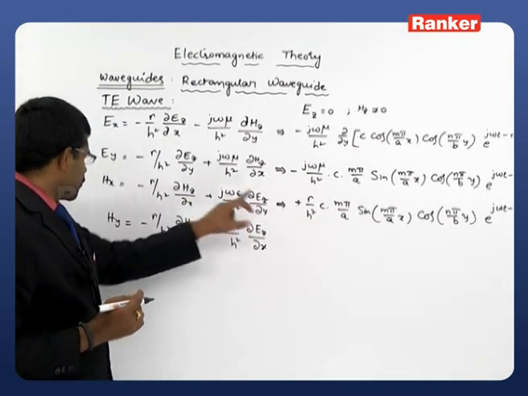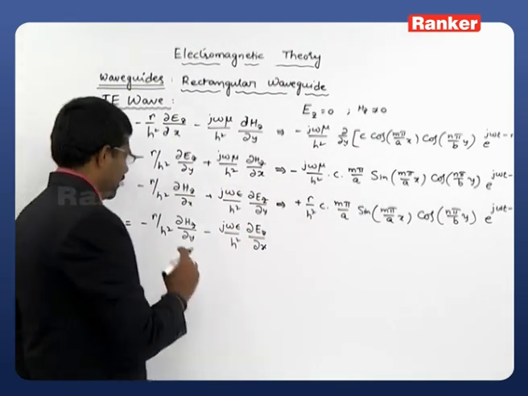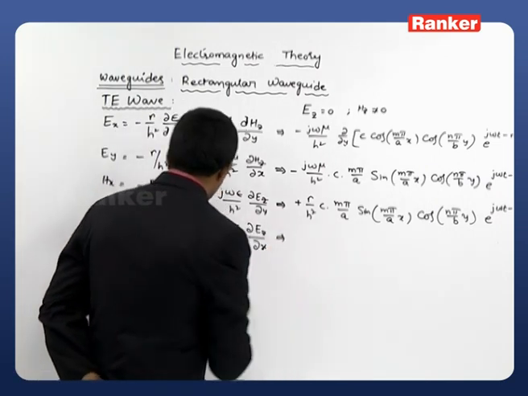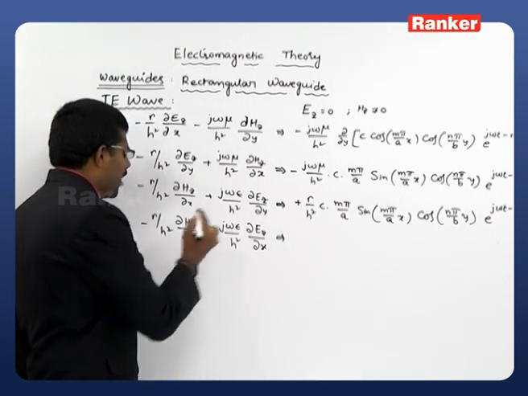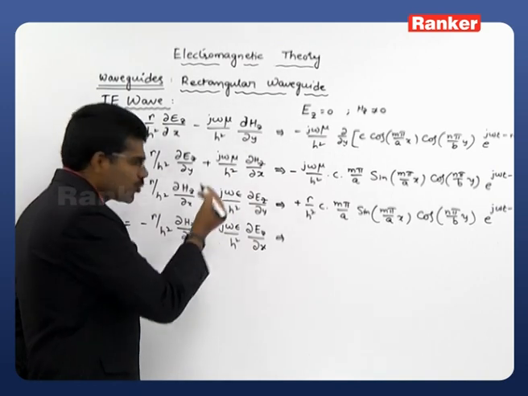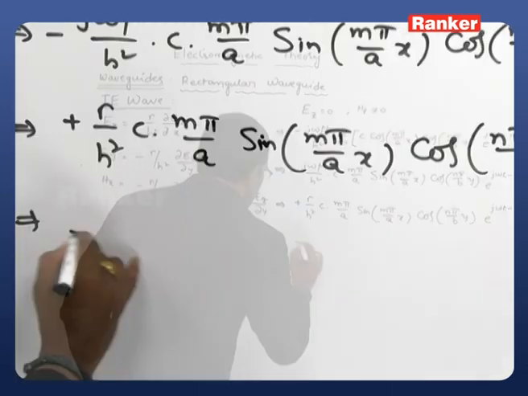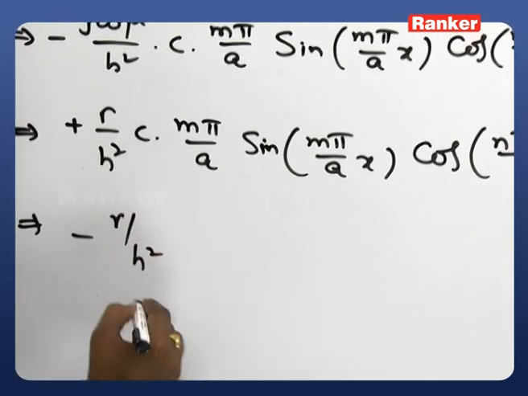As Ez tends to 0, the remaining term remains for us. Now for Hy, this term will vanish, and instead of Hz I am substituting the equation, and after that what I get is minus gamma by h square.